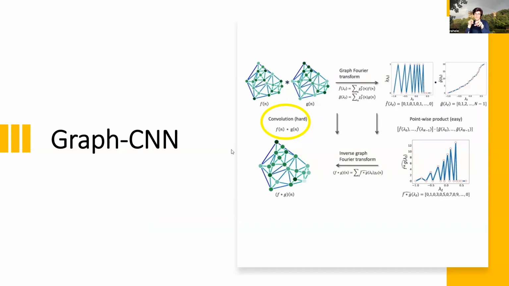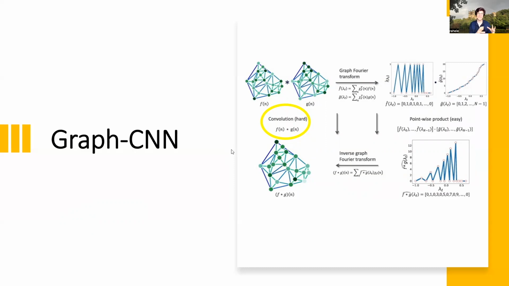By transferring them into the Fourier domain. If I transfer them into the Fourier domain, it's just enough to have a kind of pointwise product. And what is the Fourier domain for graphs? We can easily show that as the Laplacian plays the role of Fourier in signals, the Laplacian matrix is exactly the Fourier domain representative for graphs.